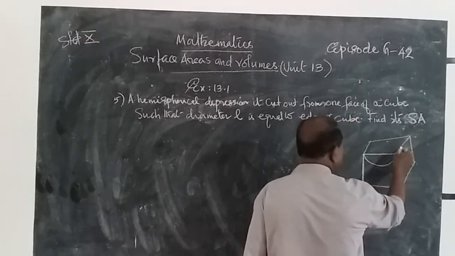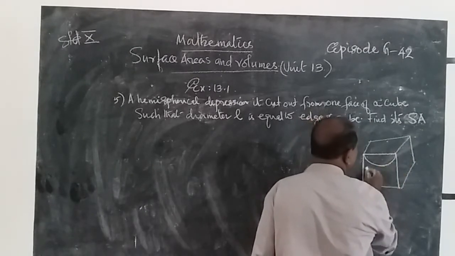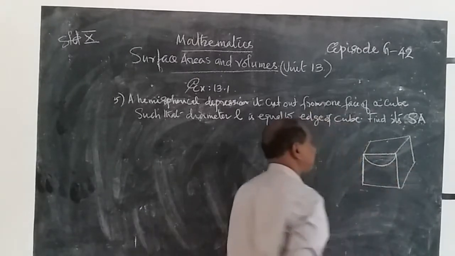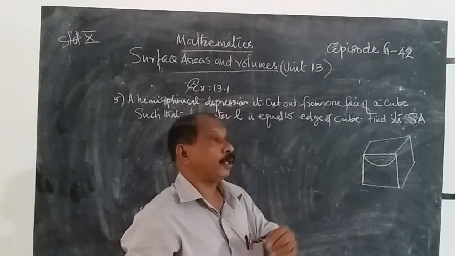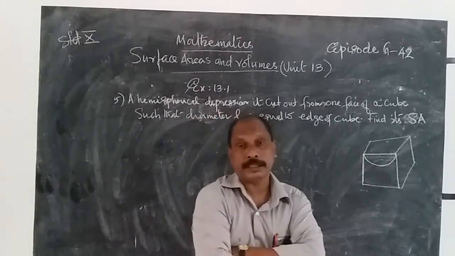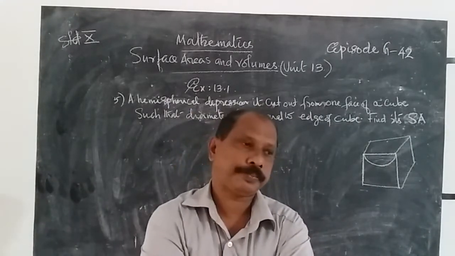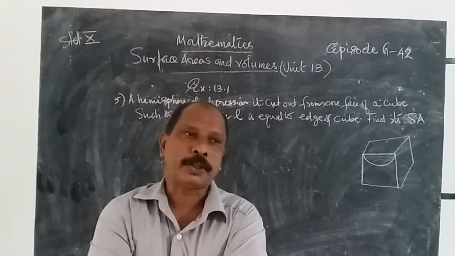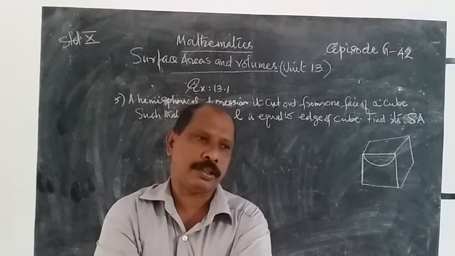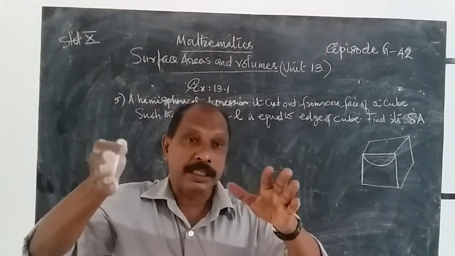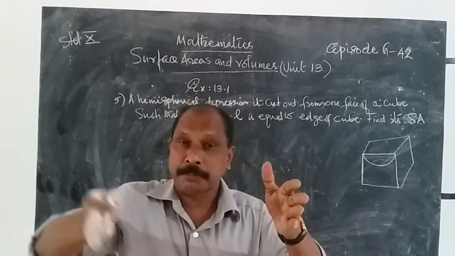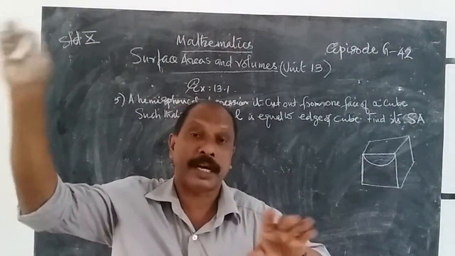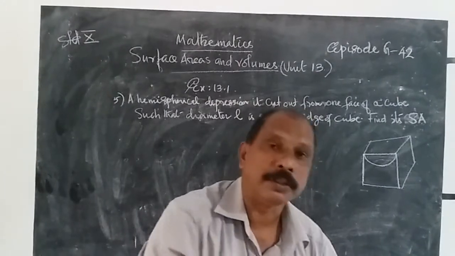It is cut. That means this type, this is the dimension. Therefore, we know that there are 6 faces for the cube, and the total surface area is 6 a square. But the diameter of that hemisphere is the same as the edge of that cube.